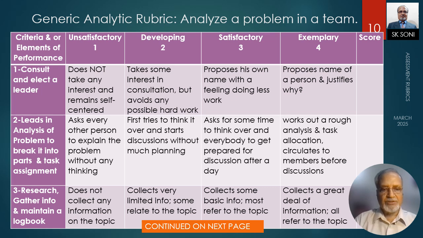Criteria 3: research, gather information and maintain logbook. For unsatisfactory performance, does not collect any information on the topic, and for exemplary performance, collects a great deal of information, all referring to the topic.